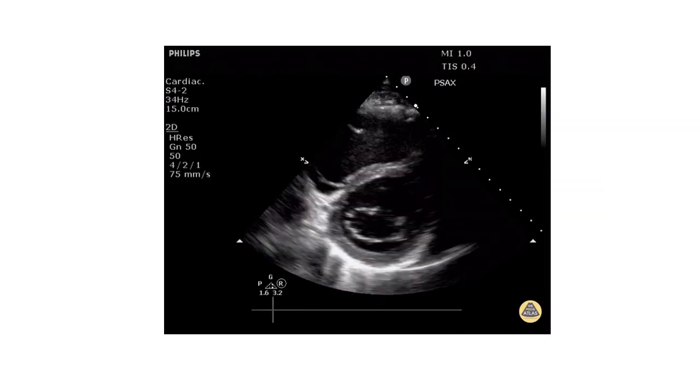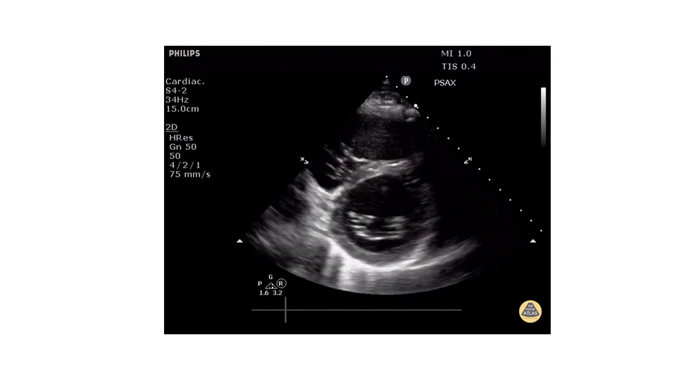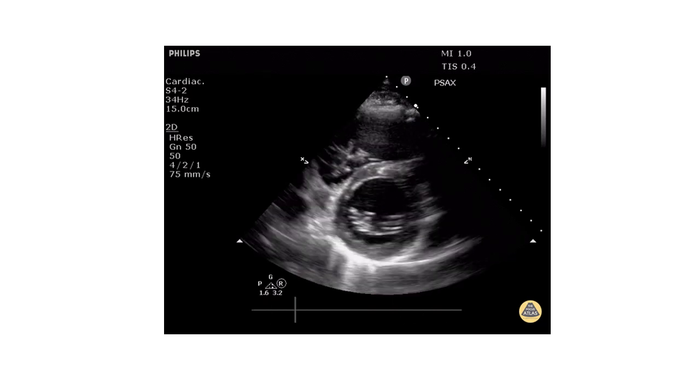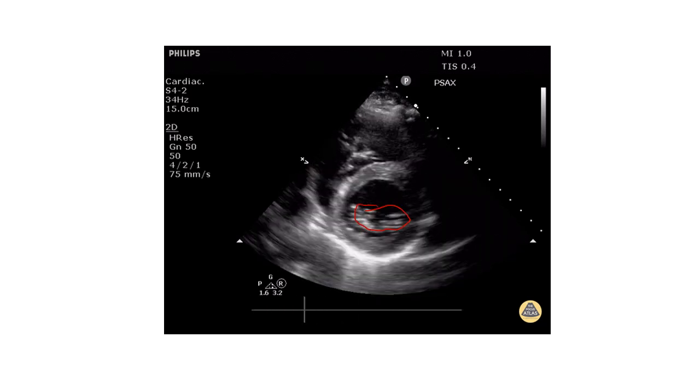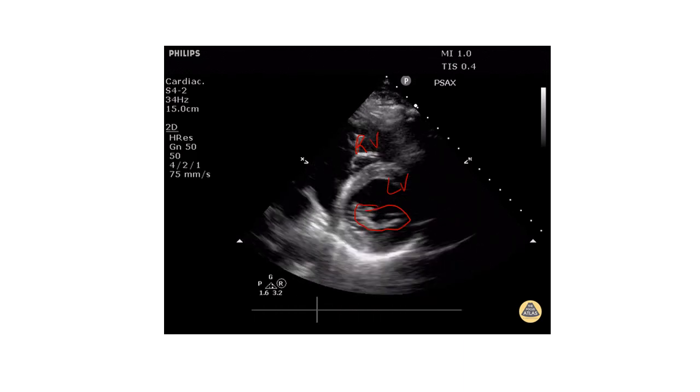And this is a video showing short axis view, short parasternal axis too, but this is at the level of the mitral valve. So this is the mitral valve, and this is the LV, this is the RV, and this is the interventricular septum.